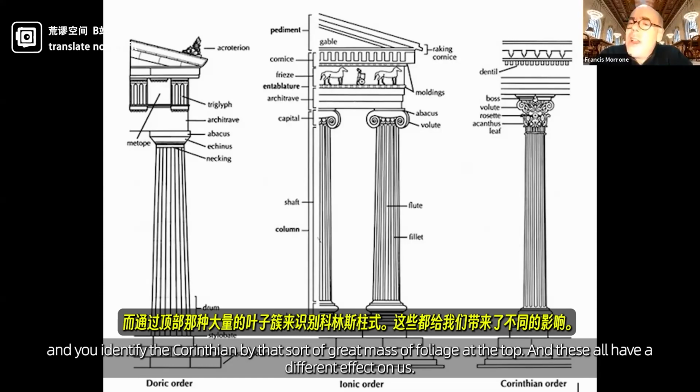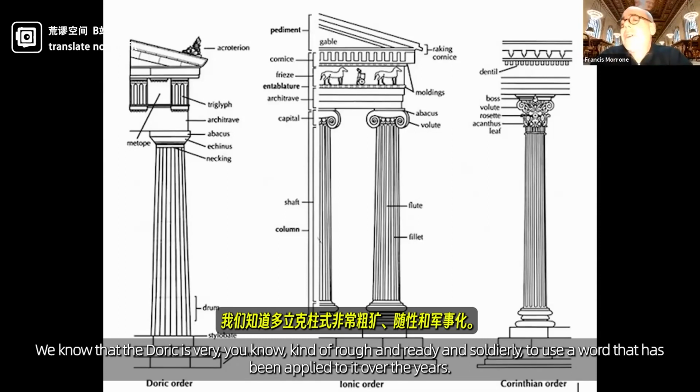And these all have a different effect on us. We know that the Doric is very kind of rough and ready and soldierly, to use a word that has been applied to it over the years.